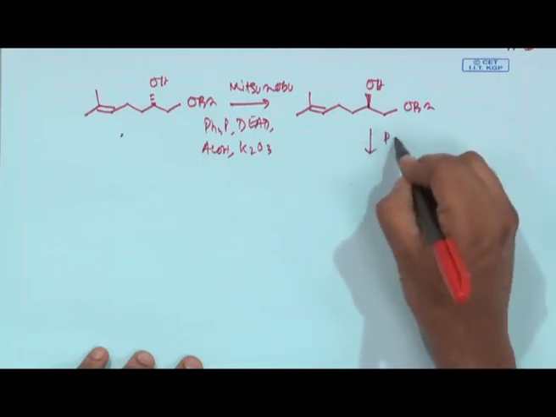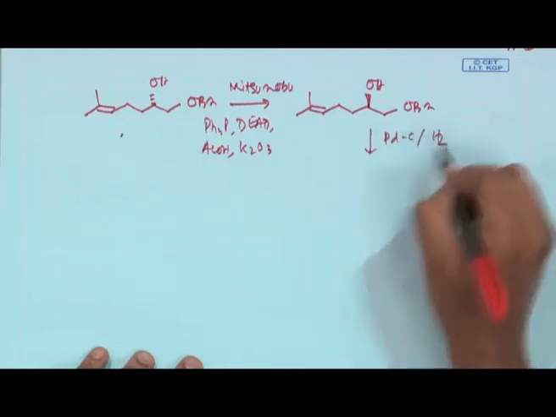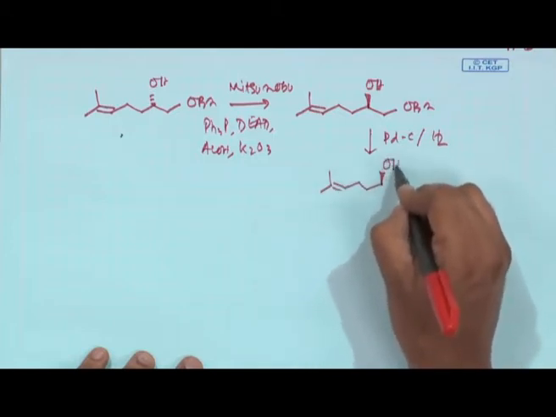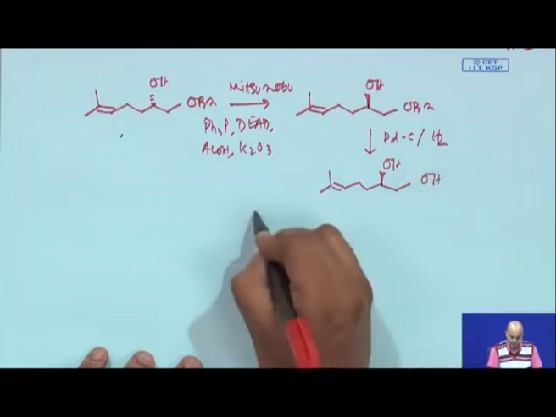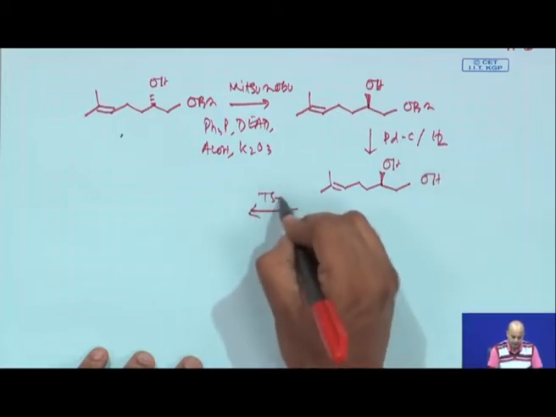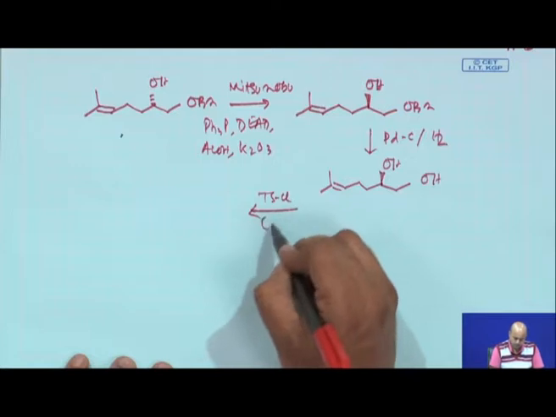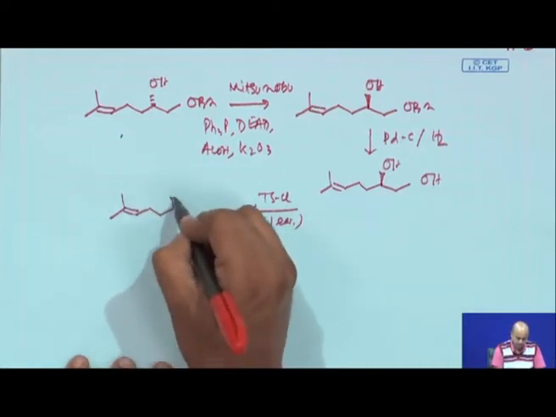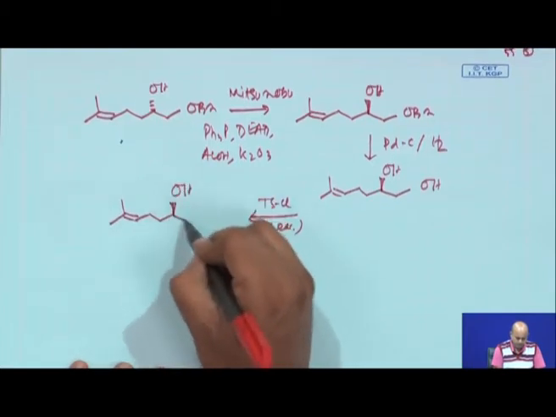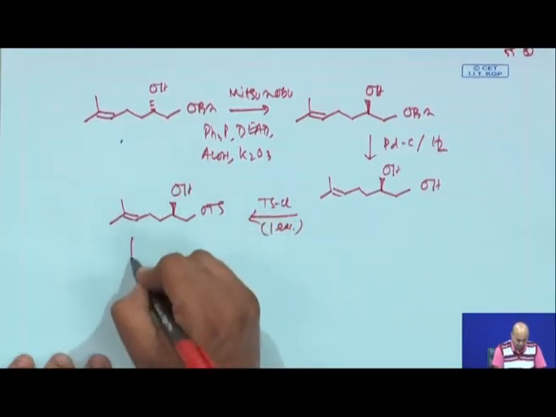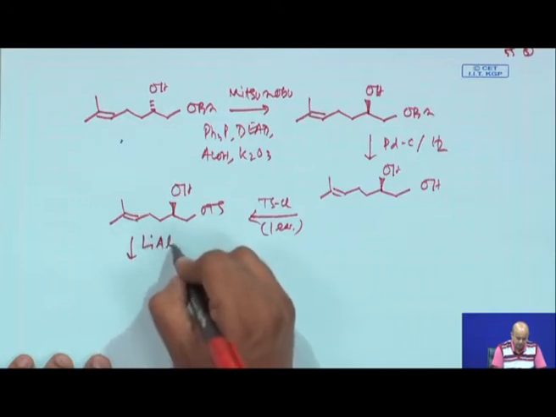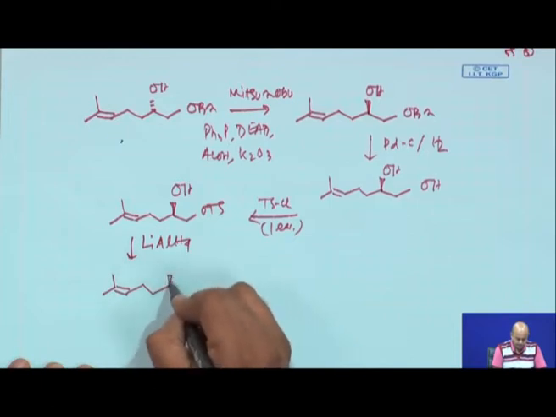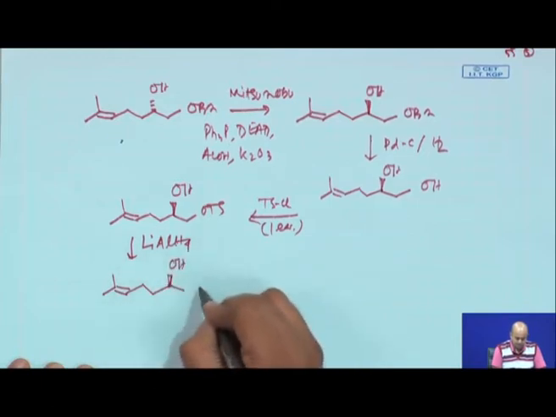Now, the same thing: you do palladium charcoal hydrogen, you get this OH and this primary alcohol, then you react with 1 equivalent of tosyl chloride, the primary one reacts, and then you simply react with lithium aluminum hydride, and this will complete the synthesis.